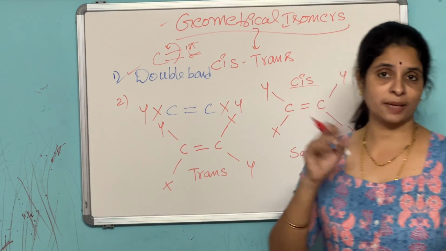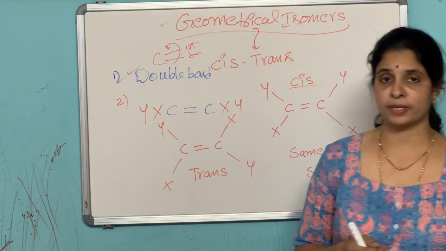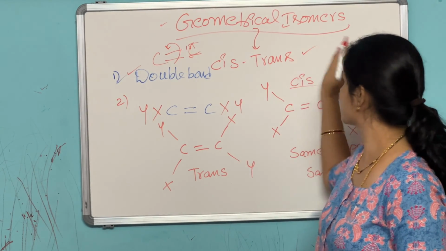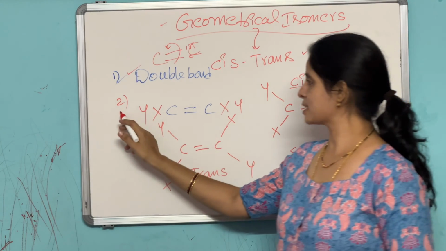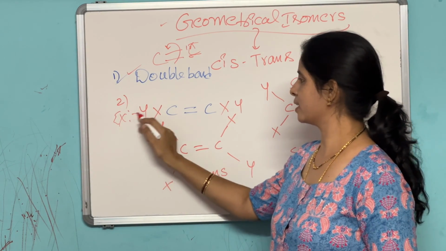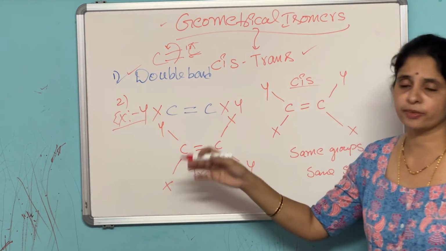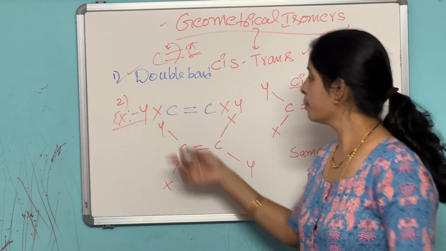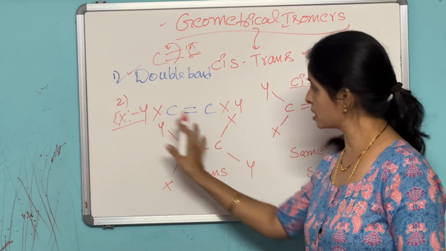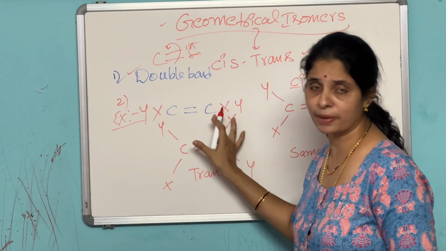So there are two types of isomers in geometrical isomerism, otherwise called cis-trans isomerism. For example, let us take around the carbon, I have taken XX. You can take A and A, similar atoms, B and B, similar atoms. Two similar atoms attached to the two carbon atoms.